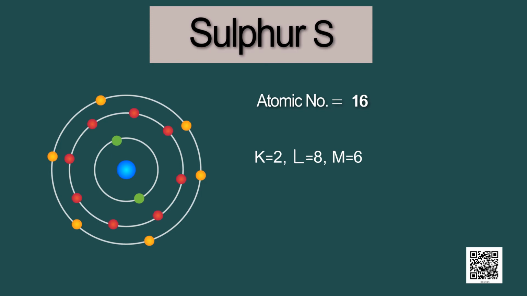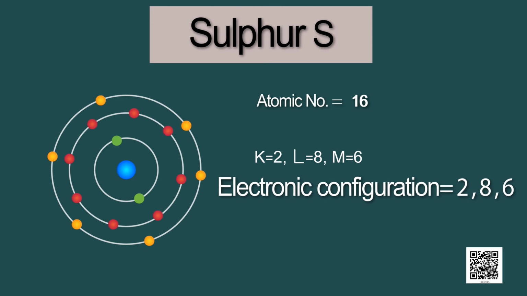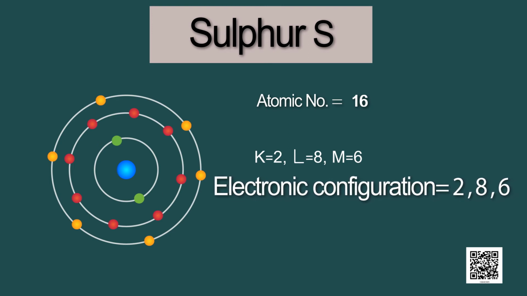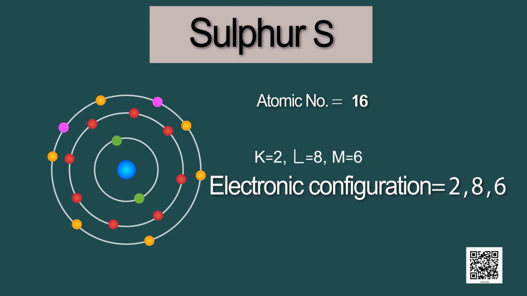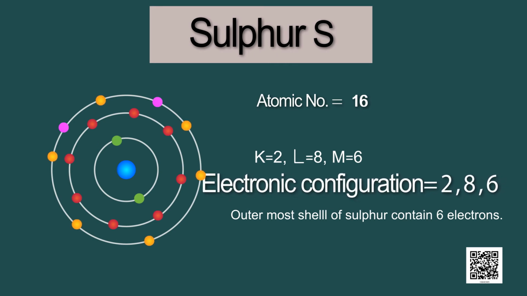K shell will have 2 electrons, L shell will have 8 and M shell will have 6 electrons. So, the electronic configuration of sulfur is 2, 8, 6. The outermost shell of sulfur contains 6 electrons.